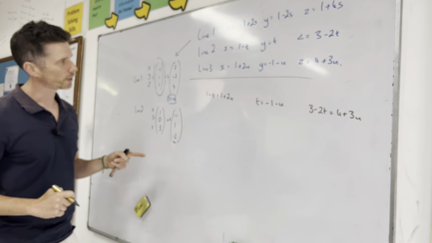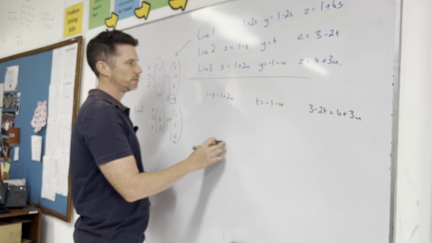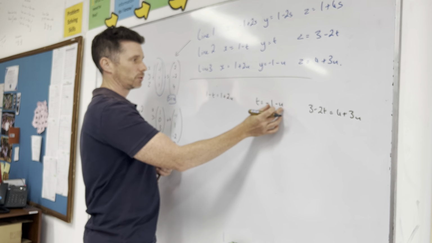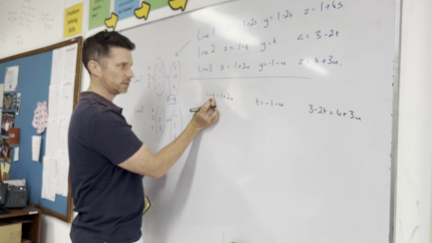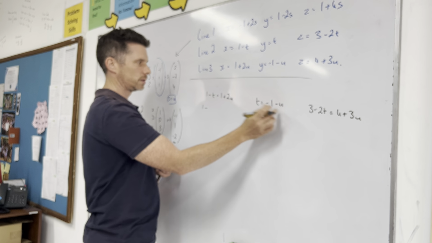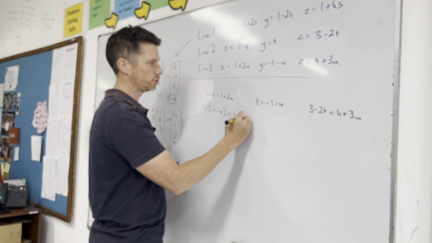That's true, yeah. Okay. So a quick rearrangement here, maybe substitution. I'm going to sub this in for this T, maybe. I don't know if that's the easiest way to do it. 1 minus (1 minus U) is equal to 1 plus 2U.